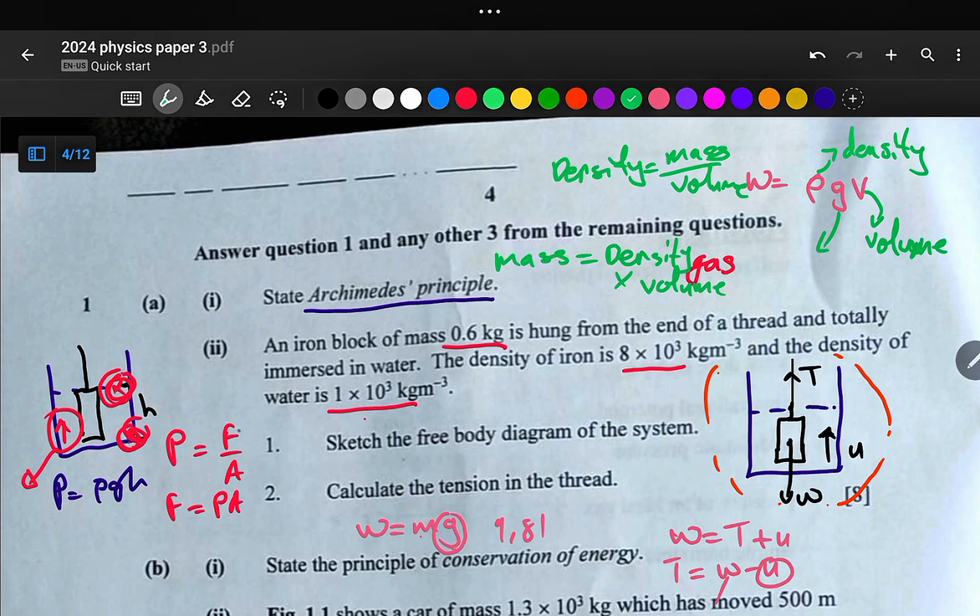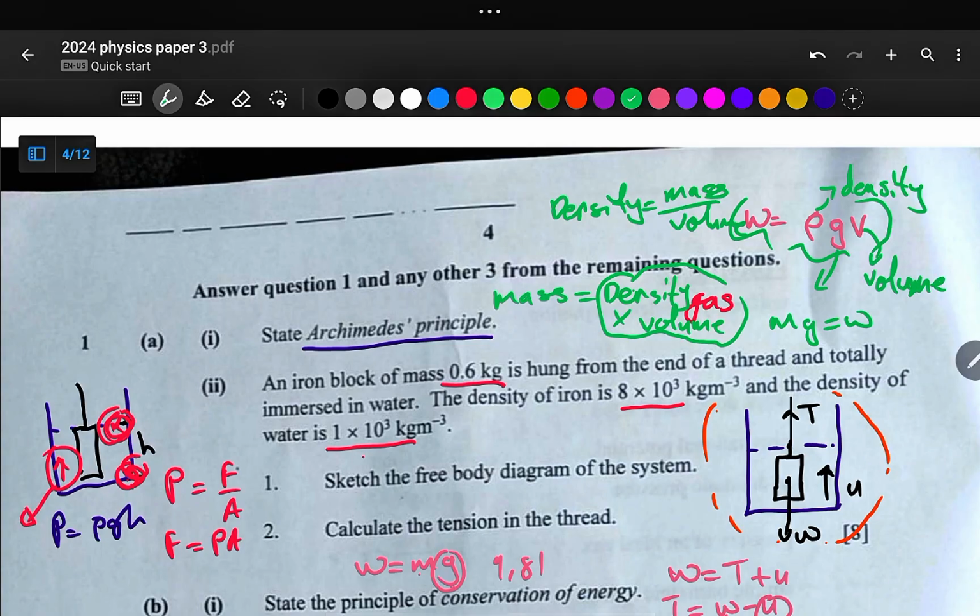Weight is equal to mg, that is our weight. Therefore, if the mass of the fluid is the density of the fluid multiplied by the volume of the fluid, then the weight of the fluid is rho g v, where rho multiplied by v is the mass and g is the acceleration due to gravity. That is where we have derived this equation rho g v for the weight of the fluid.